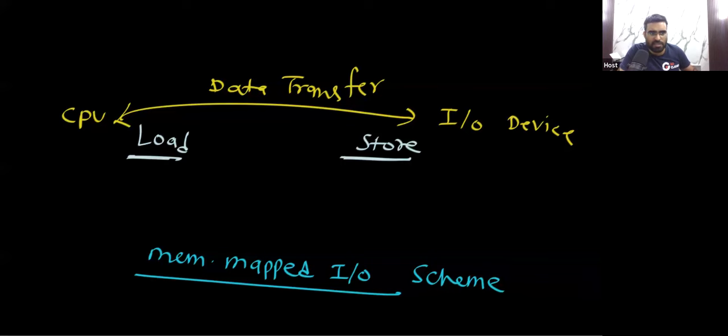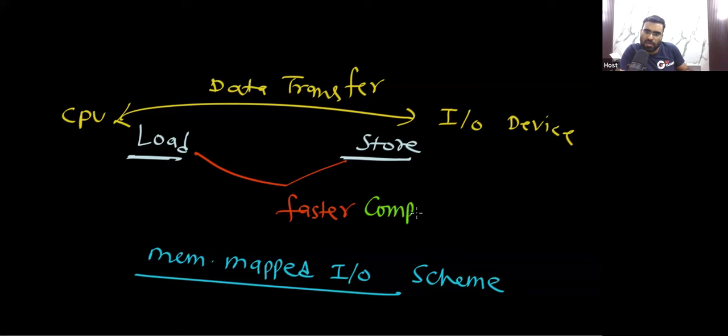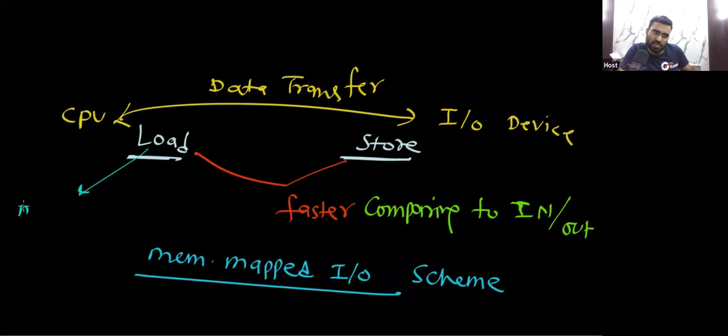These are memory instructions, so they are faster compared to IO instructions, compared to in and out, because they are memory access instructions.